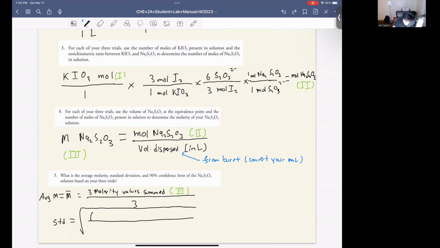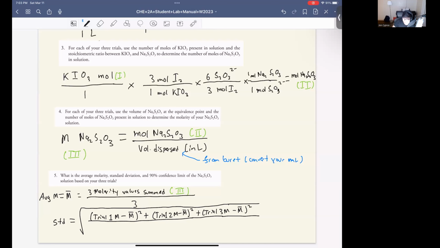So trial 1 molarity minus the average squared, plus trial 2 molarity minus the average squared, plus trial 3 molarity minus the average squared.